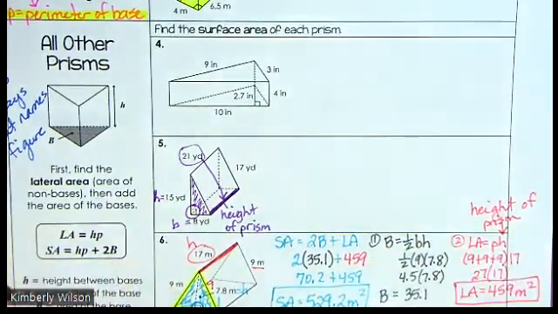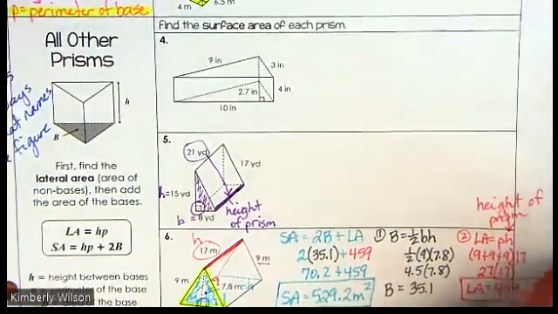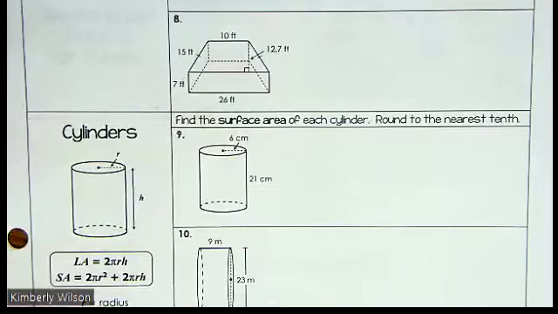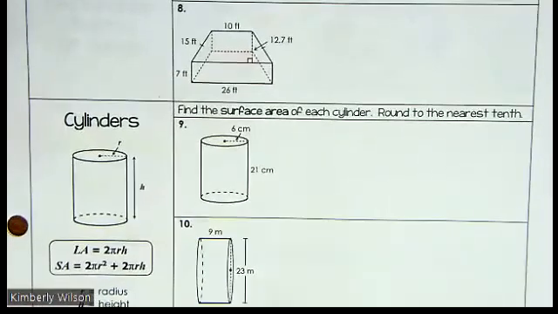All right, let's look at another example. Looking at number 8. Okay, this is a trapezoidal prism because the base shape is a trapezoid. So here we go.